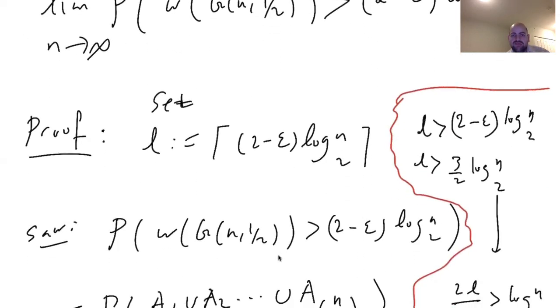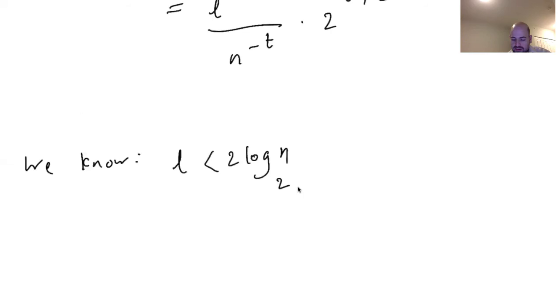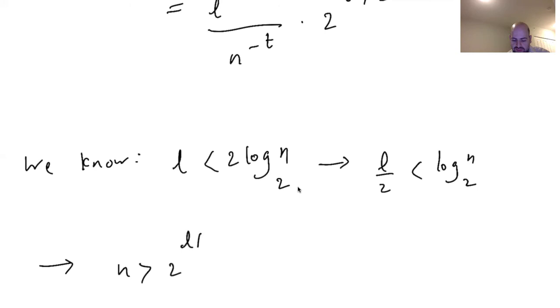This is L, ceiling of (2 minus epsilon) log n. So it's less than 2 log n. And then this implies that L over 2 is less than log n base 2, which means n is bigger than 2 to the power L over 2.